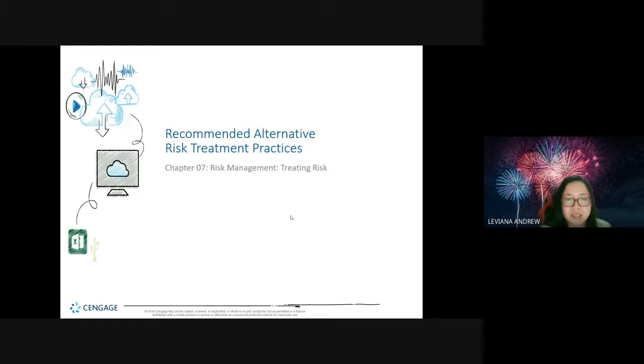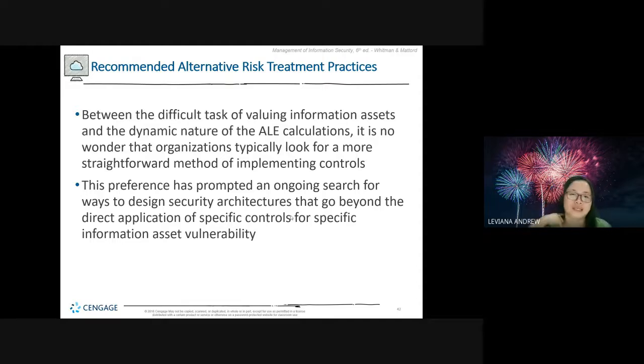Recommended alternative risk treatment practices. This one is other than the five mitigation strategies. These are the other risk treatment practices. Why do all of these have to be alternatives? Because the calculation of ALE, SLE, and ARO is too complicated.